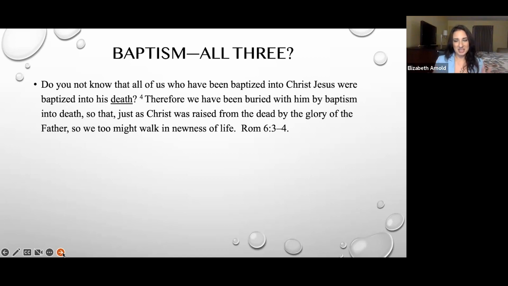And so what's interesting is Christians have used this water activity, this water event, to be a depiction of death. And we can't skip over that. We have to remember that there is danger in the water. There is death in the water. Someone has been buried here, has been drowned.